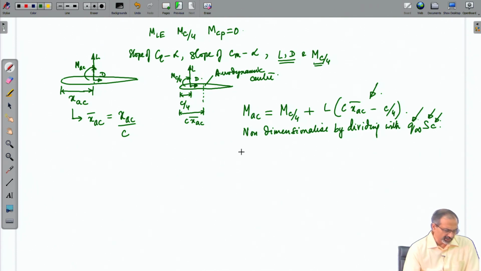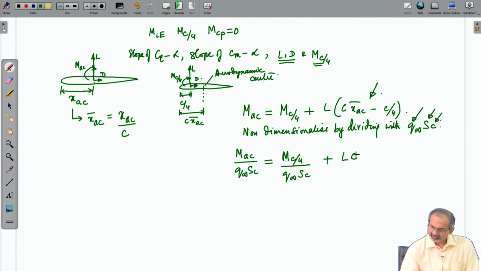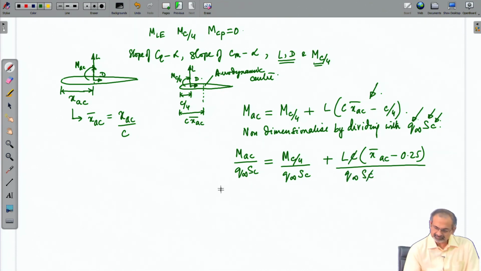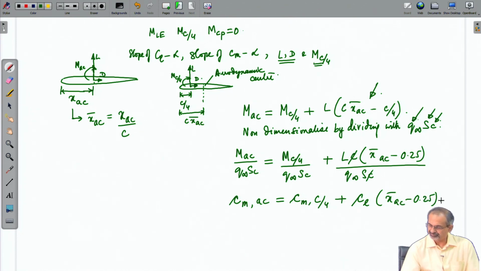If you divide all the terms, then what do you get? m a c by q infinity S c, similarly m c by 4 by the same term, so one c will cancel over here, etc. So, you have C m a c is C m c by 4 plus C L into x bar a c minus 0.25, that is what you have.